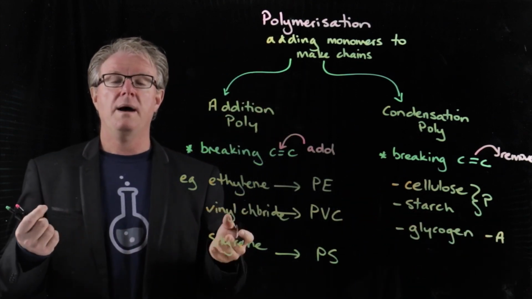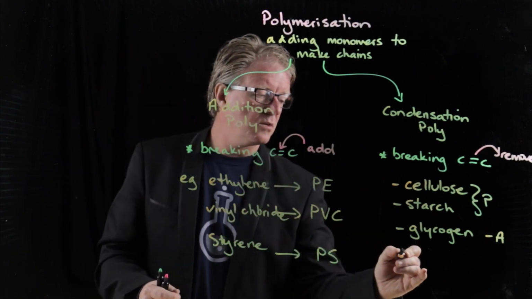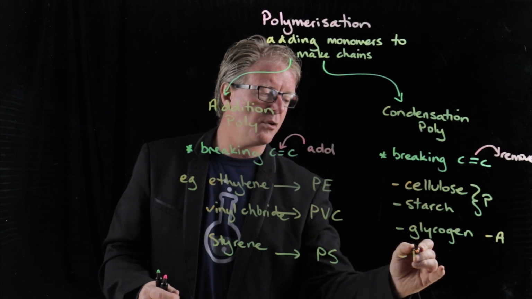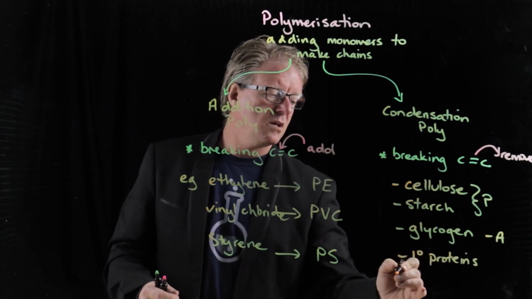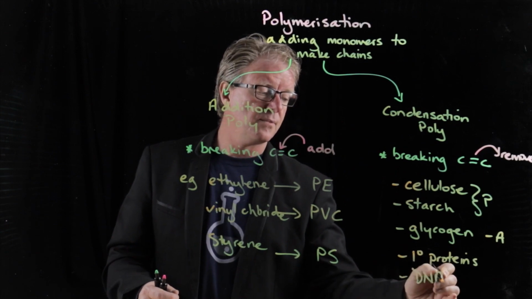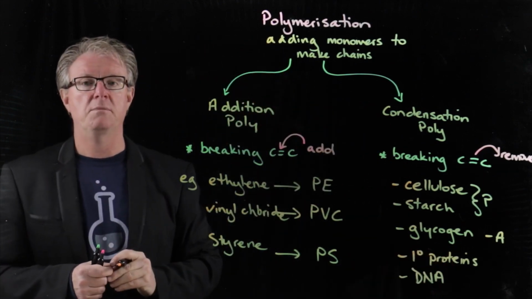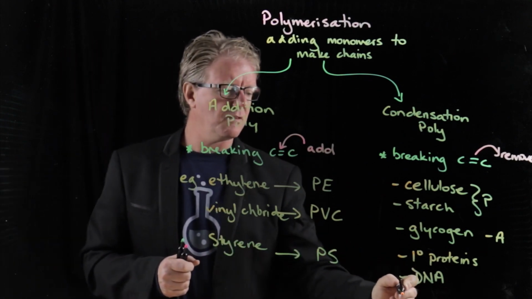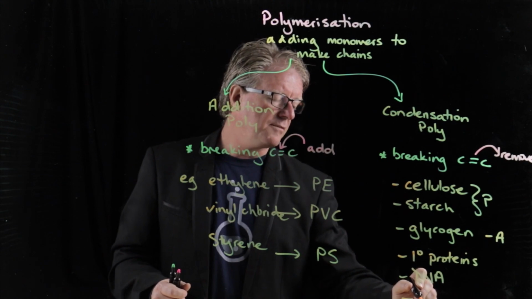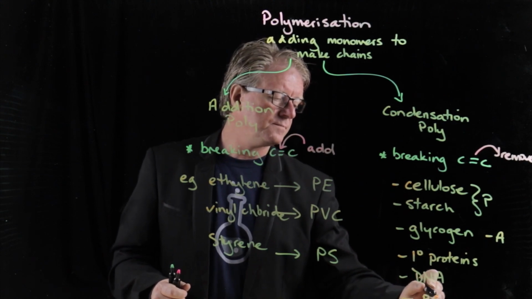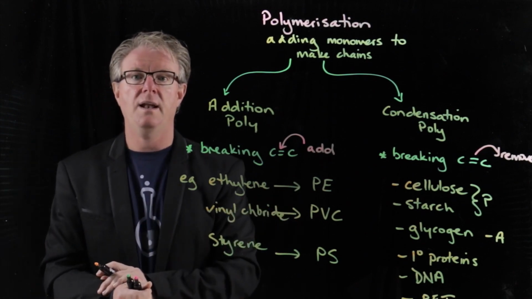Then I guess we could talk about the formation of proteins by joining amino acids up. Right, so we can say the basics behind the primary structure of proteins by making amino acids. DNA. All of these things are made by condensation polymerization. We could even add plastic. So if you're drinking a bottle, then we can have PET bottles, polyethylene terephthalate.